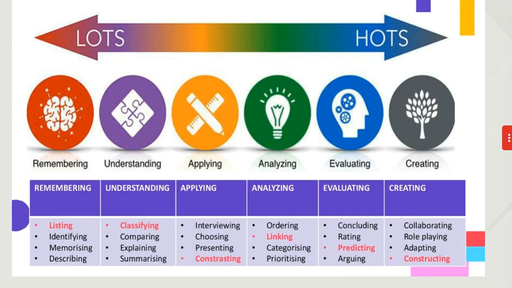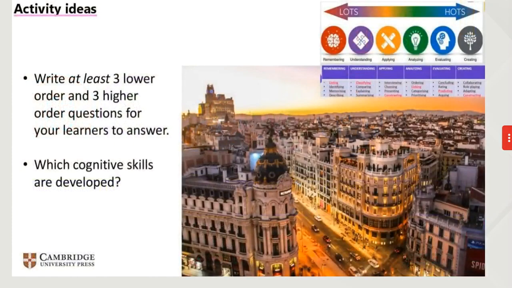Here I've got another example for a higher level class. Okay, so here's looking at the topic of cities. So this is a city. I'm not sure if you know where this picture is.